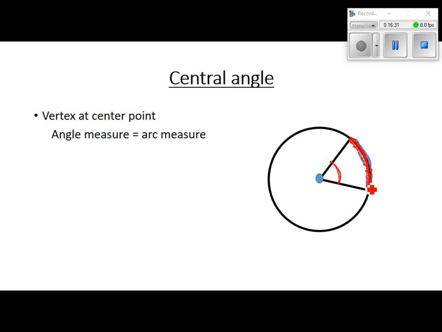If the vertex is at the center point, that's always the case. So write both these things down in that little blank there. For a central angle, the vertex is at the center, and the angle and the arc measures are the same. Remember, both these measures are always in degrees.